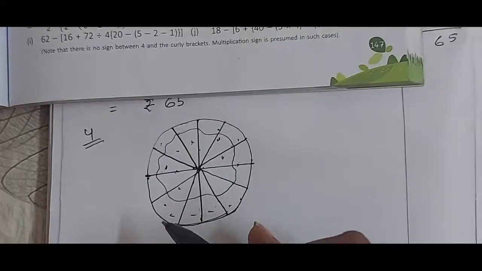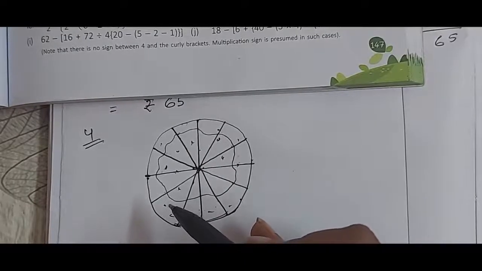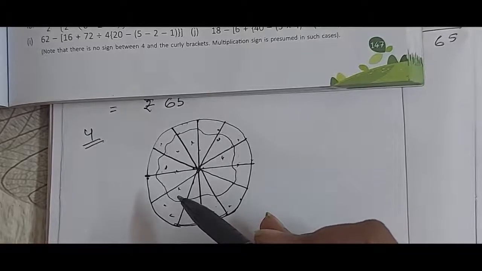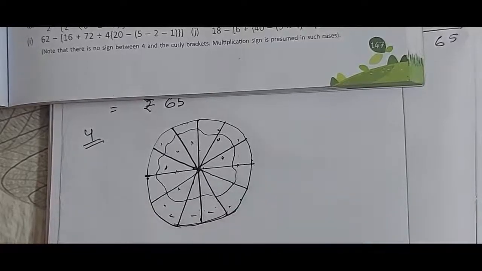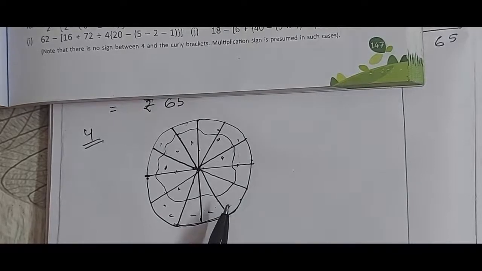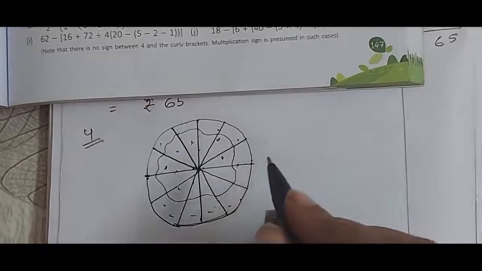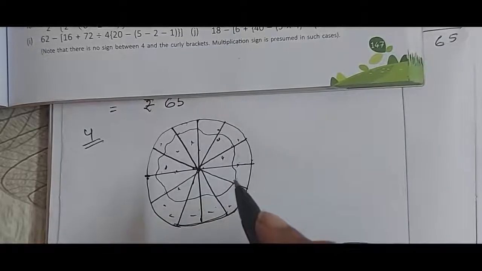Now you see, 1/3 of the pizza went to her brother Ayan. Total number of pieces is 12. So how much did brother Ayan get? That is 1/3.